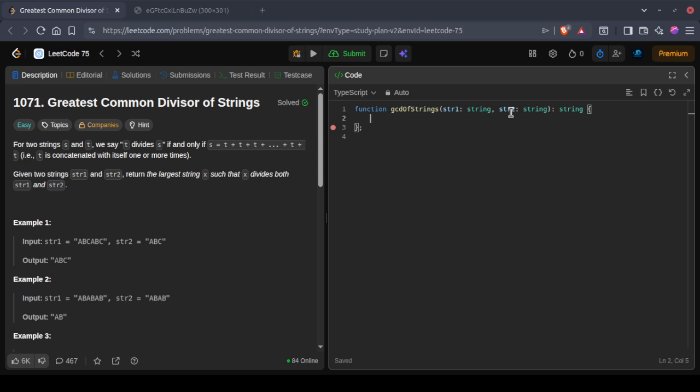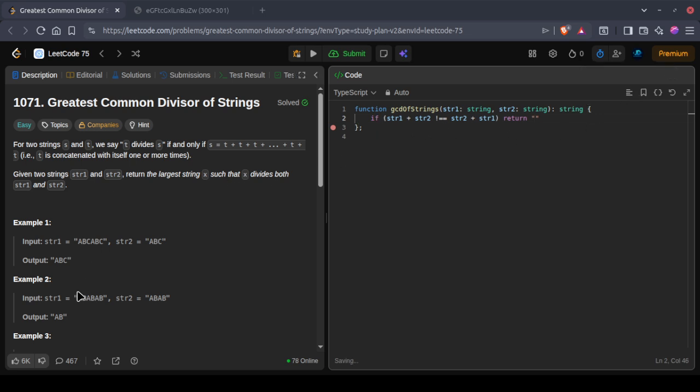So for that, first we have to write here: if str1 plus str2 is not equal to str2 plus str1, then return the empty string. This is the base pattern.